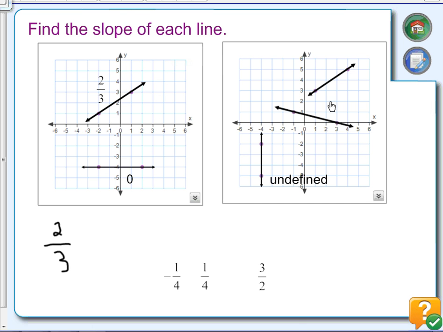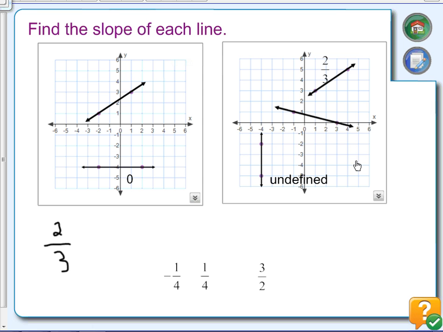Now if we go over here, we can again look at our first purple dot, and we say, well, we're rising 1, 2, and we're running again 1, 2, 3. And for whatever reason, I don't have another symbol, fraction written out.